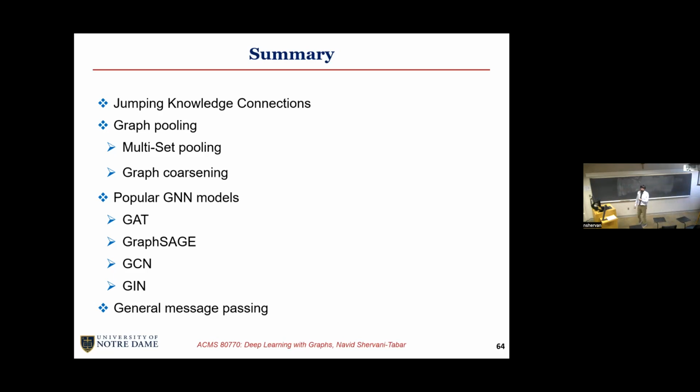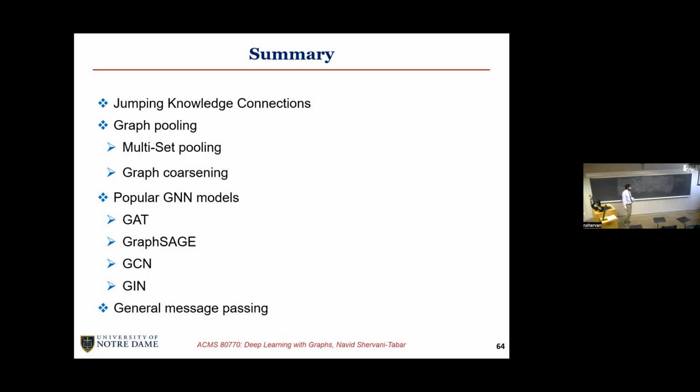And we were using two sets of approaches for that. First of all, we have multi-set pooling, which was essentially like the approaches that we used when gathering information for each neighborhood, for instance summation or element-wise maximization. Then we have graph coarsening, which was inspired by CNN models, convolutional neural networks.